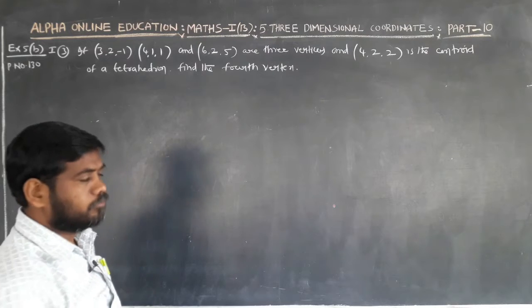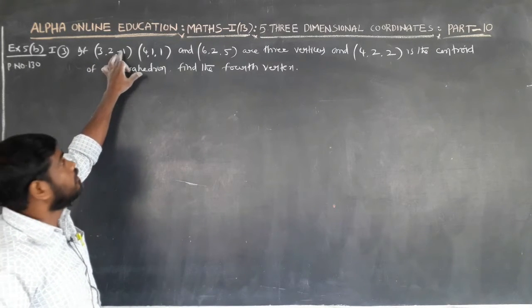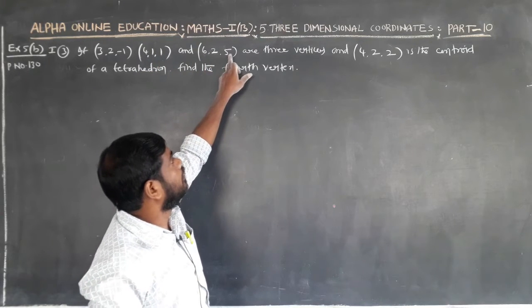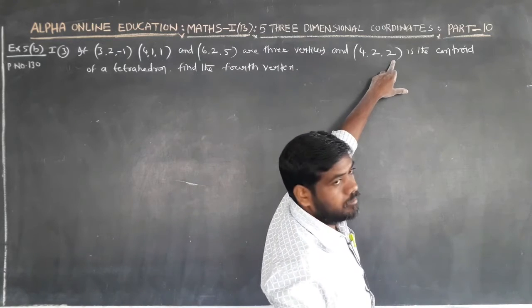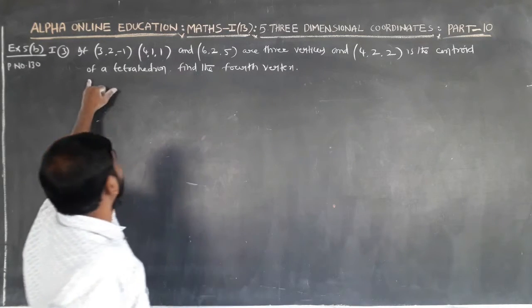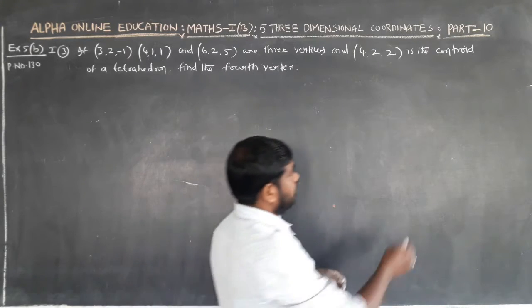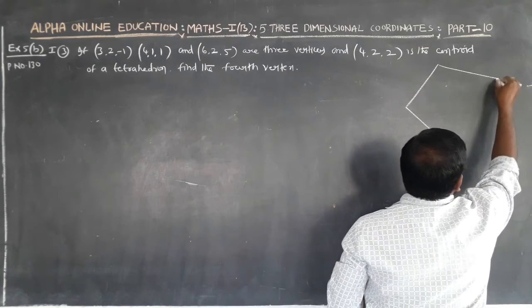Very important problem. If 3 comma 2 comma minus 1, 4 comma 1 comma 1 and 6 comma 2 comma 5 are 3 vertices and 4 comma 2 comma 2 is the centroid of a tetrahedron, find the fourth vertex. This is the tetrahedron.